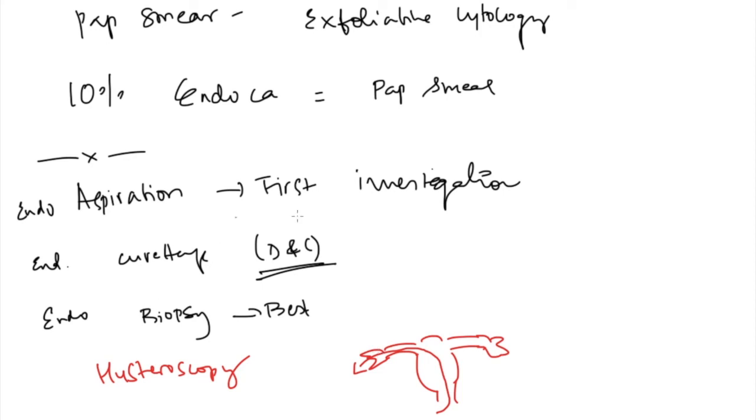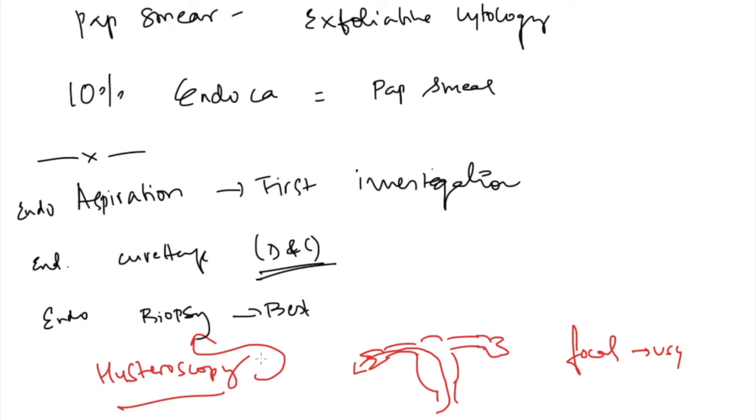But if you have focal lesions: when you're doing curettage and aspiration, you don't really target a particular area, you just get the cells from the endometrium. But when you can see some focal area on your ultrasound, to pick up that particular tissue you will have to do hysteroscopy and then hysteroscopic guided biopsy, which will be the best investigation.